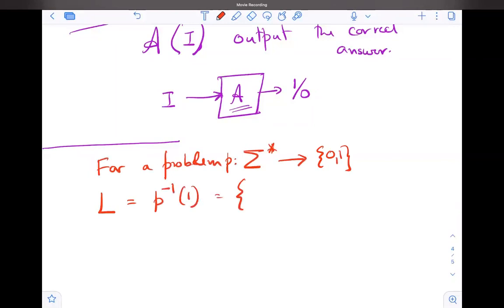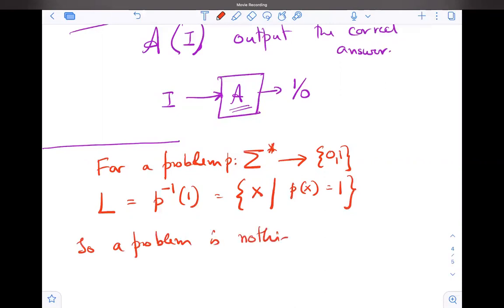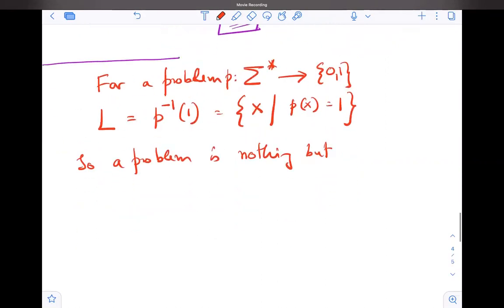This is the set of all x's such that P of x equals 1. And a problem is nothing but an input. What is the input? The input is an X in sigma star, and the output is 1 if and only if X is in L.